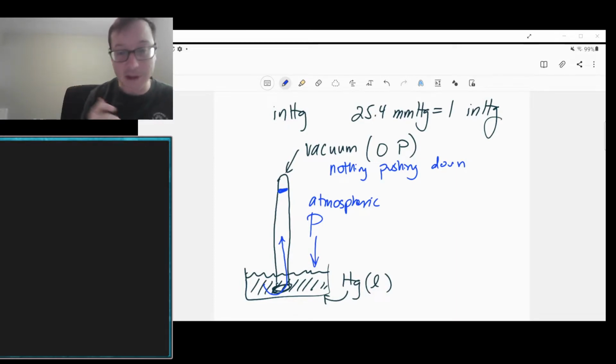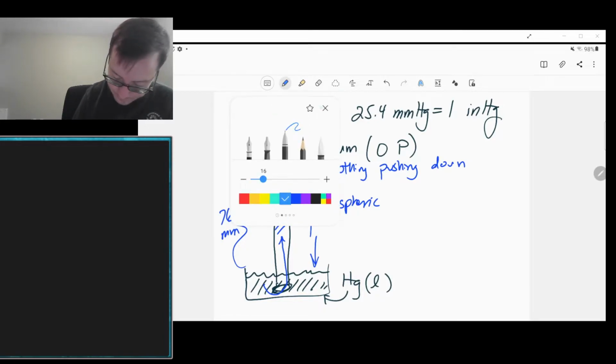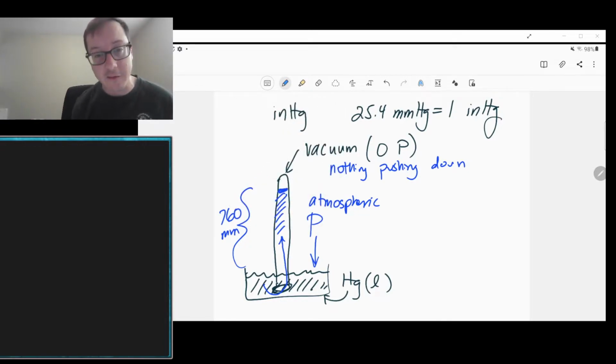Those two competing forces end up equalizing at some point, and that turns out to be, at sea level, 760 millimeters. So it's how far up the tube, in what's called a barometer, the mercury climbed against gravity. And that's a measure of how much the gas or the pressure was pushing against the pool of mercury.